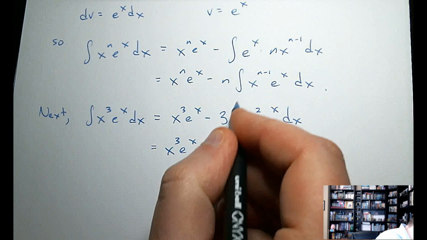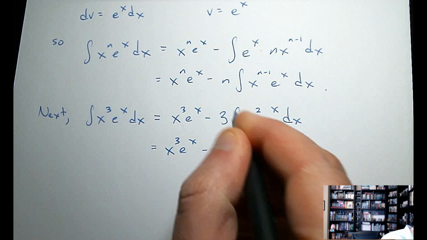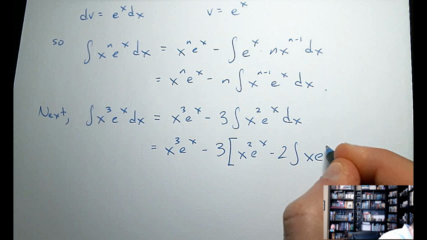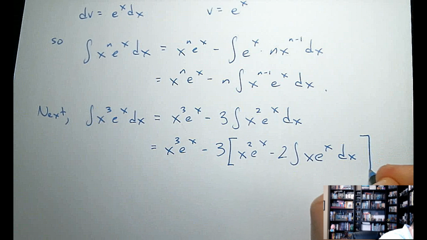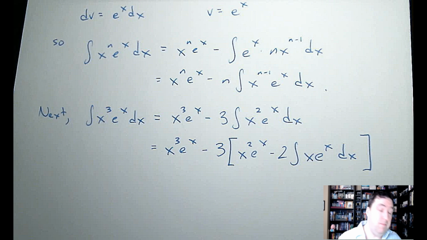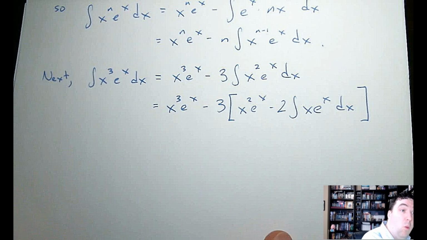But if we apply the reduction formula with n equal to 2, that's going to give us x squared e to the x minus 2 times the integral of x to the power of 1, so this x, times e to the x, which still isn't an elementary integral, but is still in the form of the reduction formula, now with n equal to 1. So let's clean that up a bit, and then we're going to apply the reduction formula one more time.